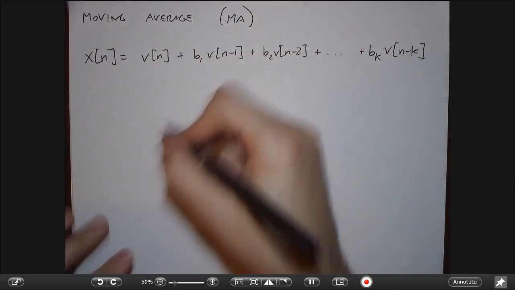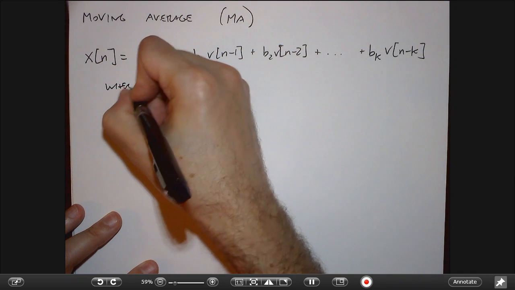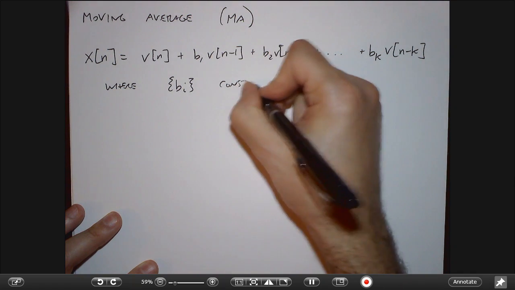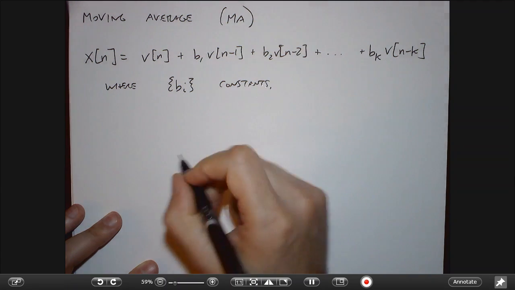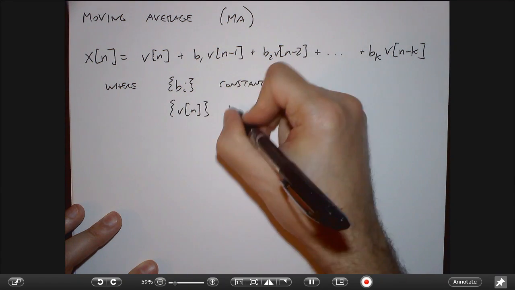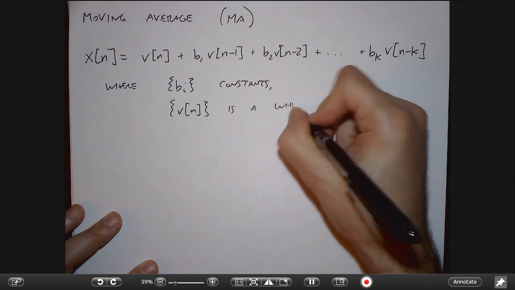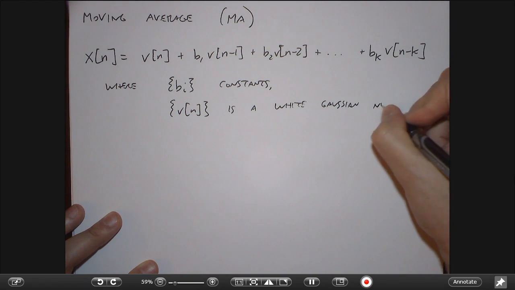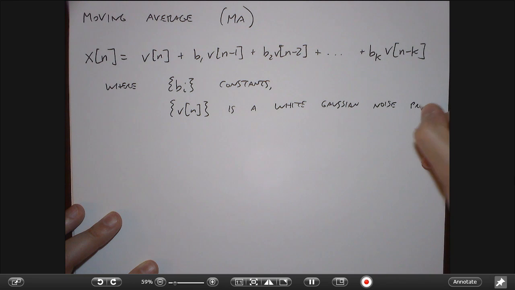So where these b_i's are constants, and this v(n) is a white Gaussian noise process, just like we talked about in the last slide.